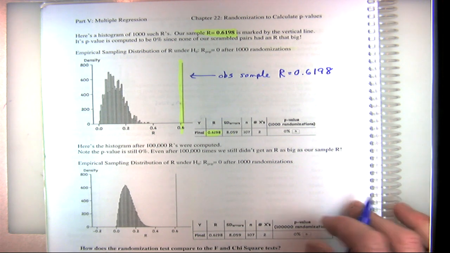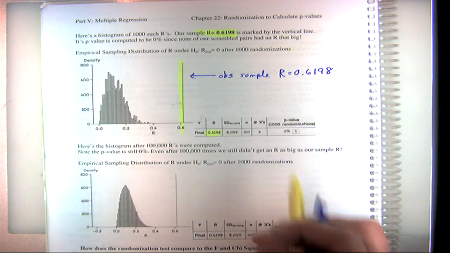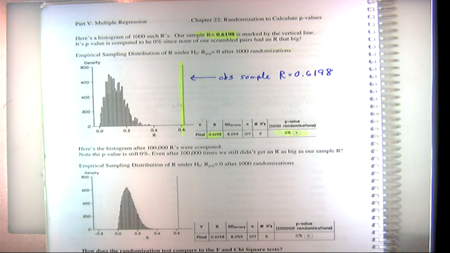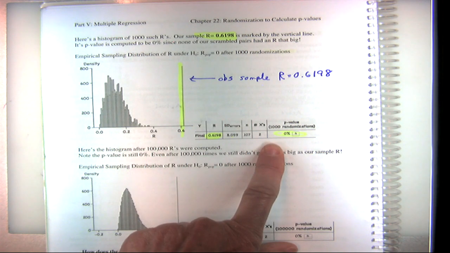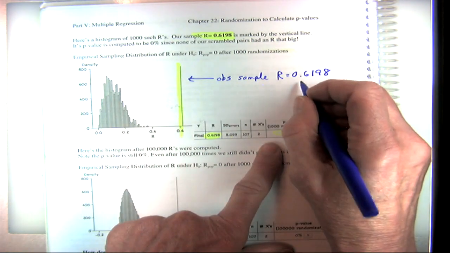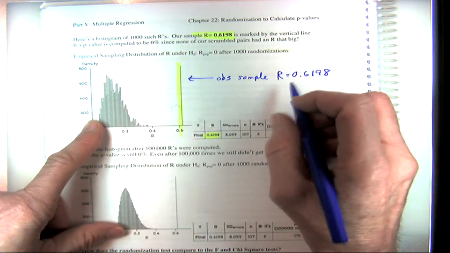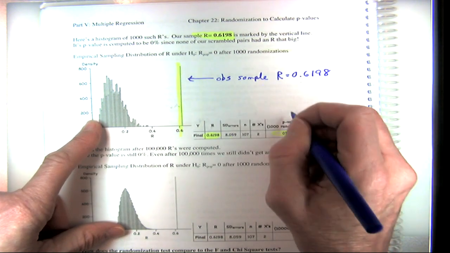And it's just like, well, look at this p-value here. It's obviously too extreme to fit a random scrambled model. And you can see that this shows that it's too extreme.